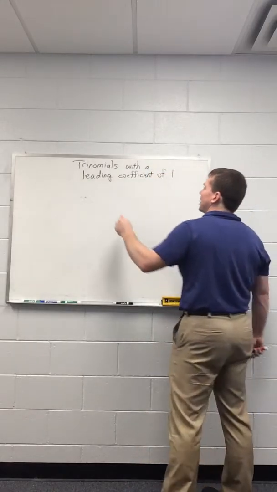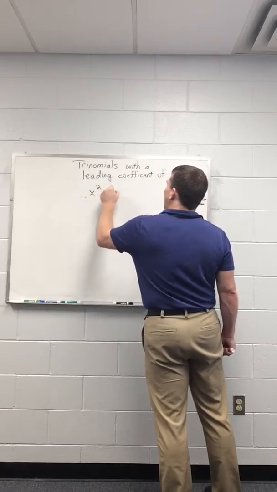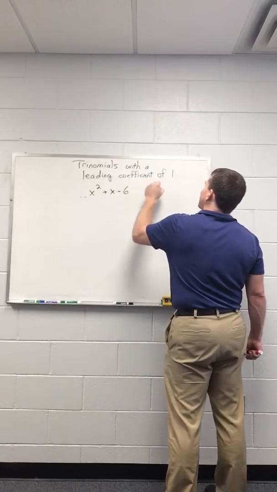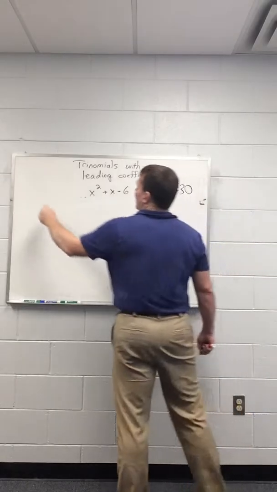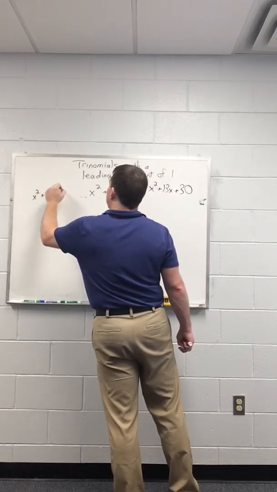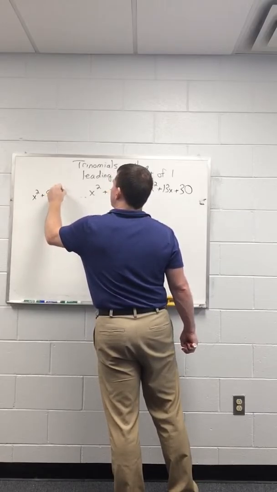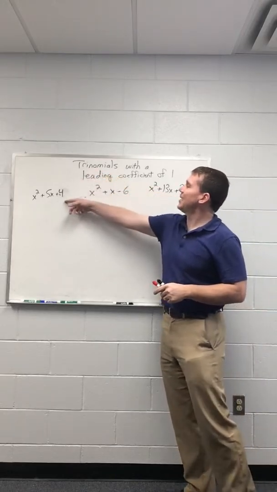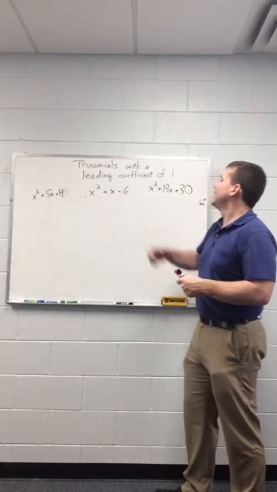Now essentially we want to look at things that look like, we'll say x squared plus x minus 6, or x squared plus 13x plus 30, or maybe x squared plus 5x plus 4, I will go with plus 4 actually, just for fun. We want to factor things that look like this. They're trinomials, they each have 3 terms, and the leading coefficient is 1.